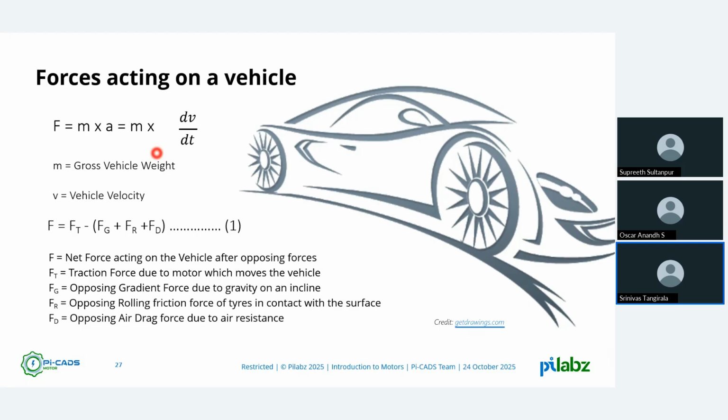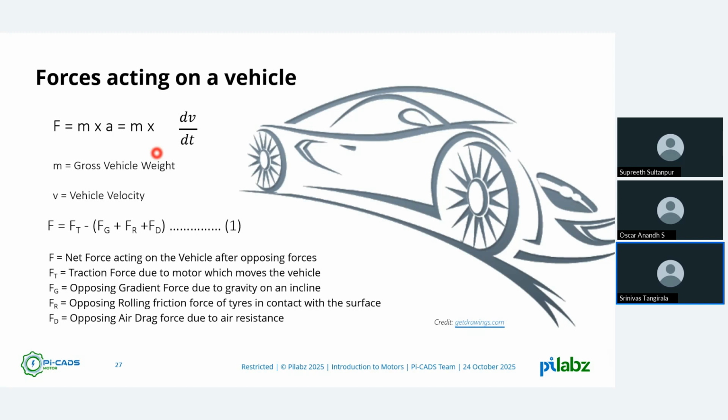So for the vehicle to be moving, it has to have a traction force, represented by Ft, and it has to overcome the resistive, opposing forces. Fg is the gradient force, Fr is the rolling friction force, and Fd is the air drag force. All these three are opposing forces.